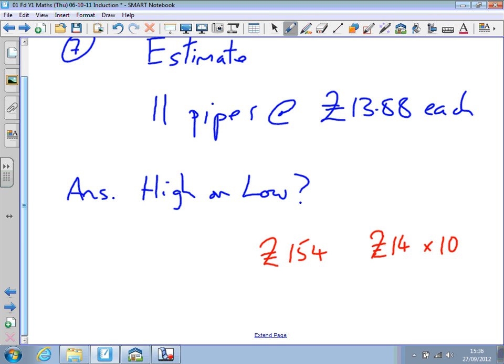So times by 10 is 140, plus another 14 gives me 154. Yeah, that's probably what I would have done. High or low? A bit high because I've rounded up. Comment if you've done it in a different way.